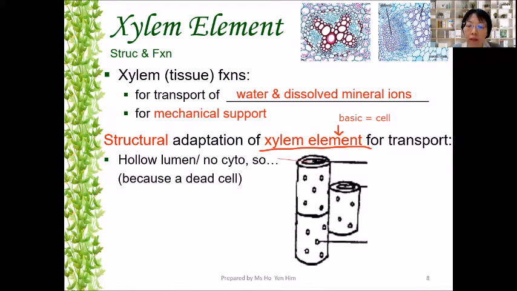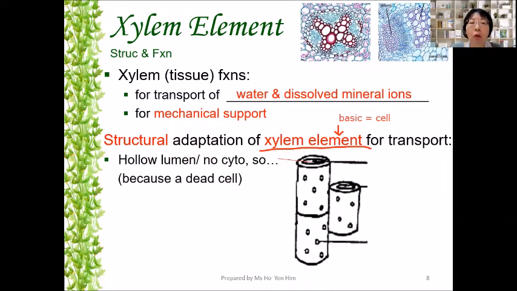So number one, it is hollow. It has a hollow lumen and there's no cytoplasm inside the cell. When the cell is supposed to transport material, you want the cell to be empty in the center. So there's no cytoplasm at all, okay? So that it will reduce resistance to the flow of material. The cell is totally empty.